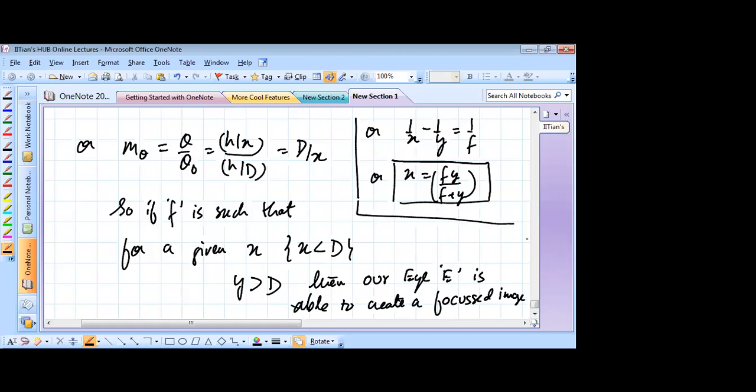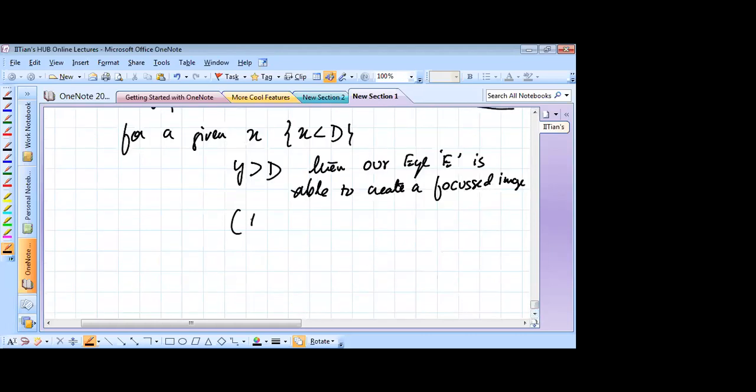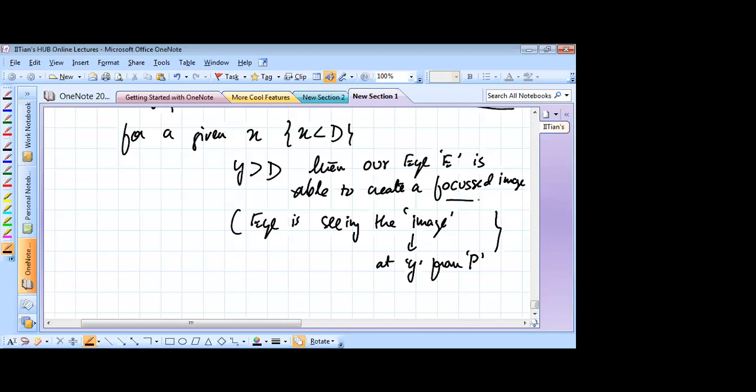Because remember what the eye is seeing is the image, which is at y from the pole. The eye is not seeing the object anymore. So the fact that the object is closer than the least distance doesn't matter, as long as the image that the eye is seeing is greater than the near point, we'll be able to create a focused image.